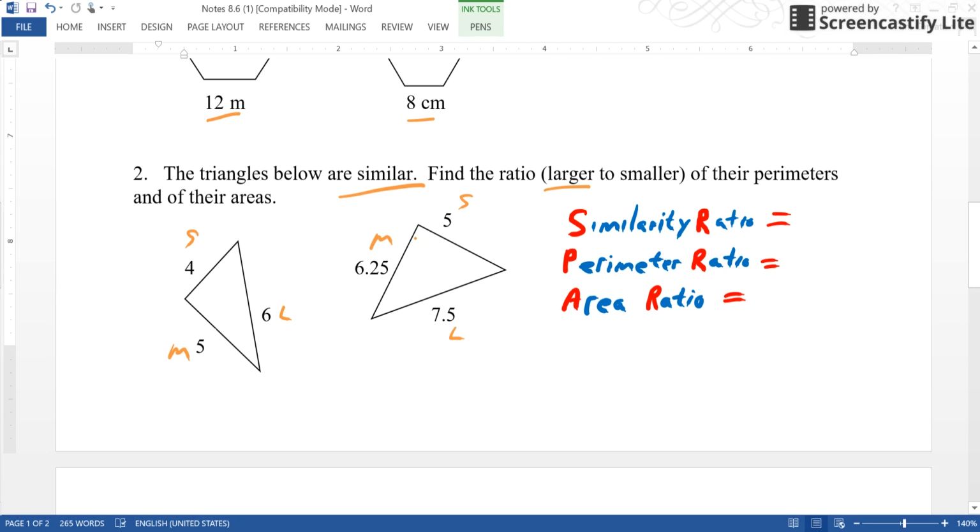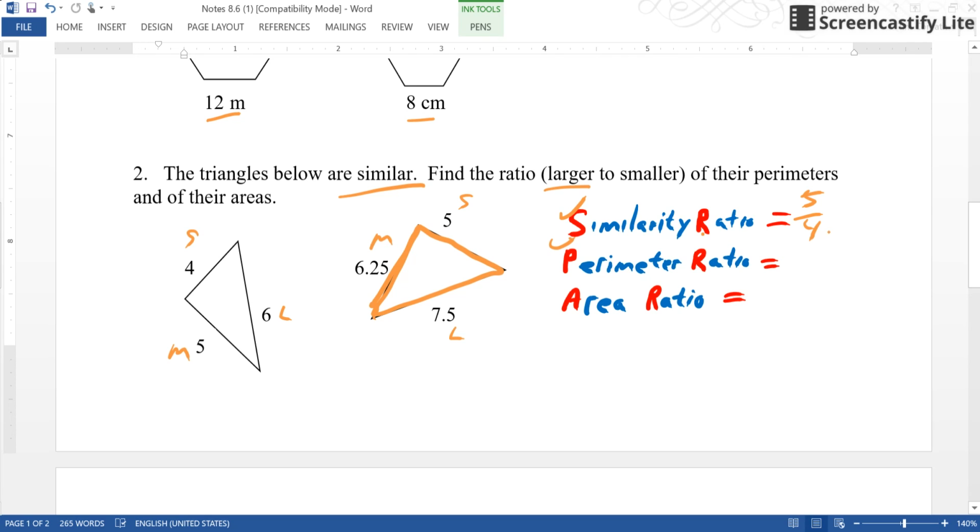So this orange triangle right here is the bigger triangle, right? It's got the bigger numbers. So this is going to be on top. So I'm going to do my 5 over 4 is the similarity ratio. I'm going to call that SR, okay? My perimeter ratio is the same as the similarity ratio.